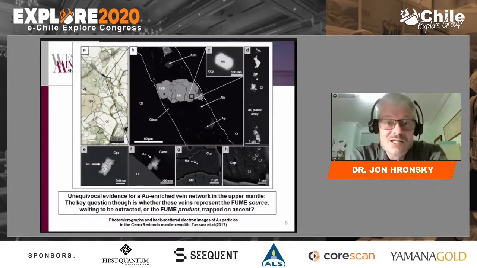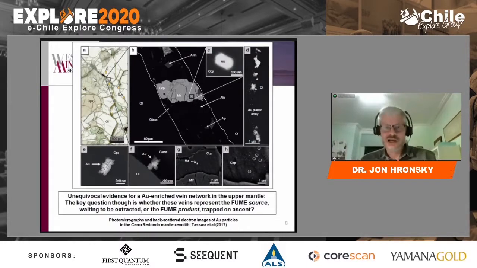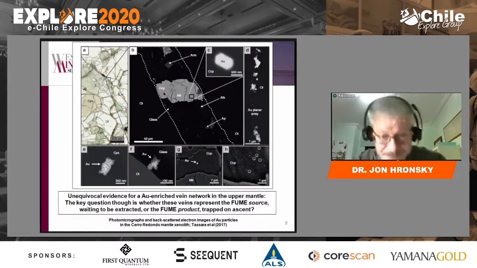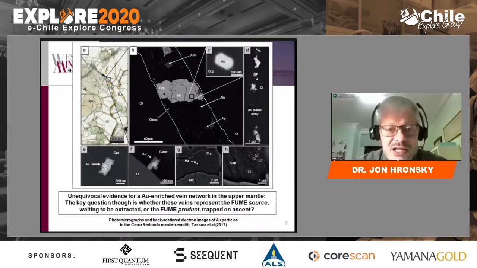Okay, so what I'm showing you in this slide is unequivocal evidence for a gold-enriched vein network in the upper mantle. And these are samples that come from Argentina, from the Tessara et al. paper, and they're mantle xenoliths that are related to a gold province in Argentina.